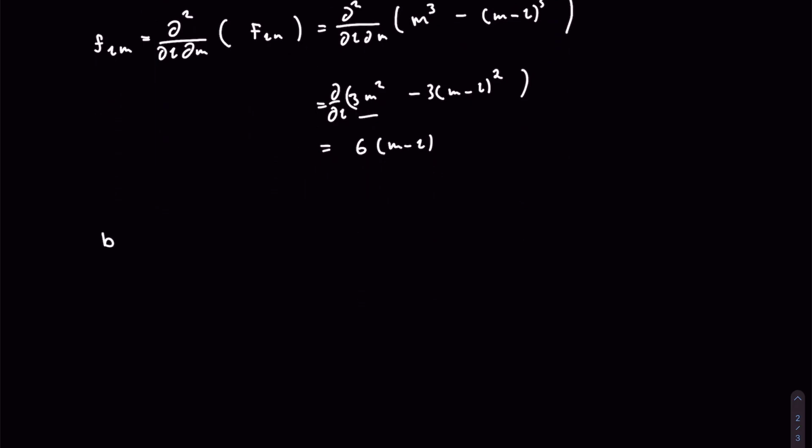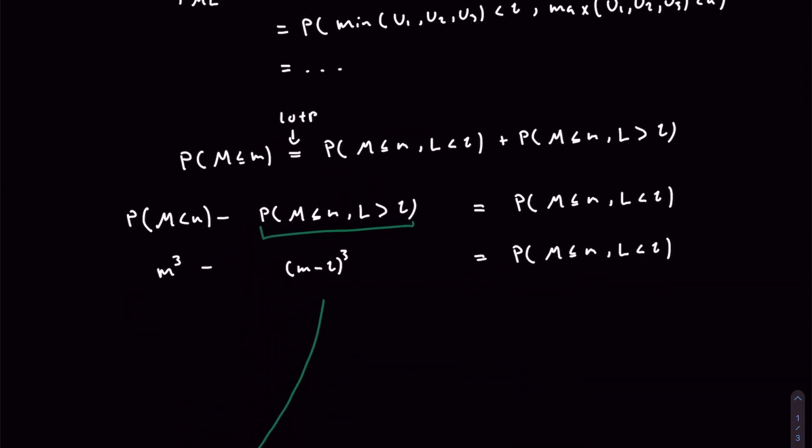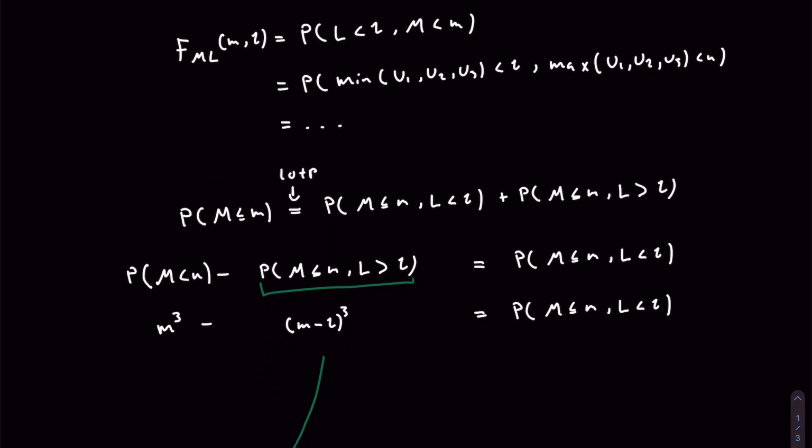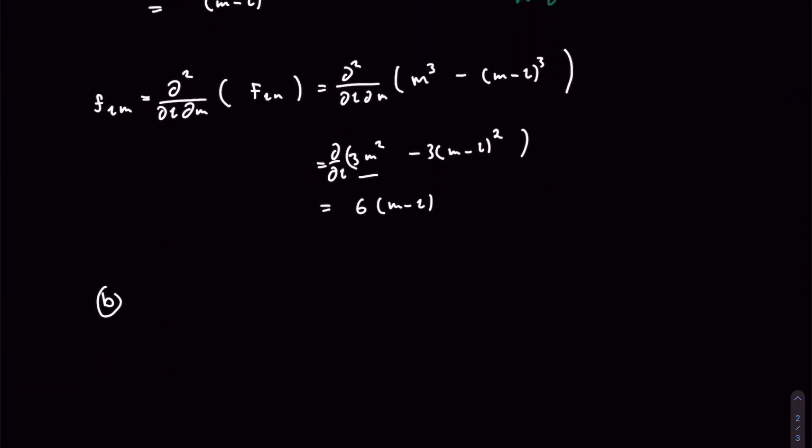Okay, so let's now proceed to the last part of this exercise, and that is to find the conditional PDF of M given L. All right, the conditional PDF of M given L, like that, is f of L, oops, and just notice I'm writing these in capital letters, and these are in small letters to be consistent.